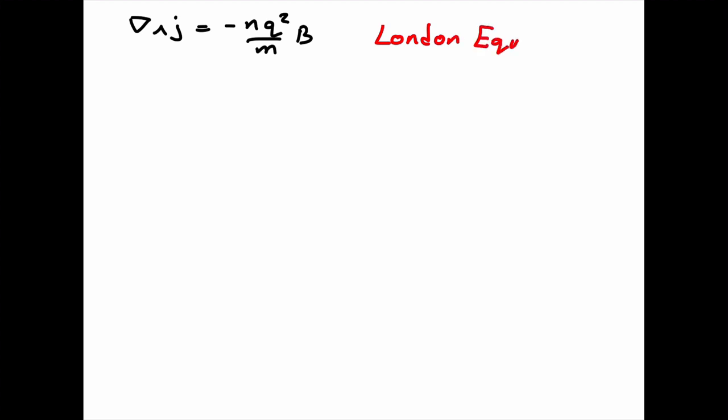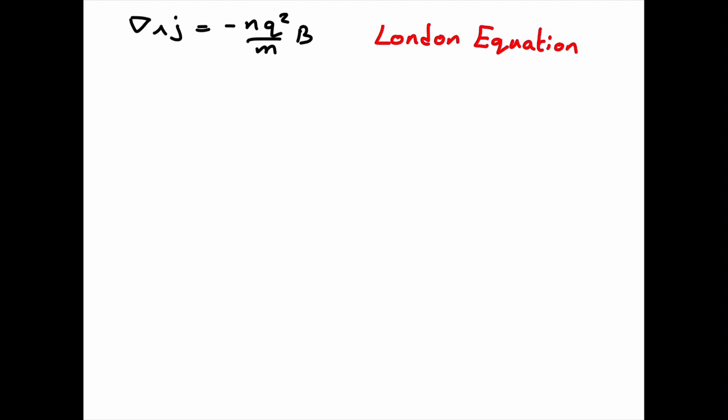The London brothers came up with this in 1933, not via quantum mechanics like we've just done. They almost assumed that this was true, because they knew it would have to be true in order for the Meissner effect to be the case. They believed the Meissner effect, so they came up with this equation. This equation is valid, and we've now derived it on a quantum mechanical basis from the predictions of BCS, rather than just assuming it.